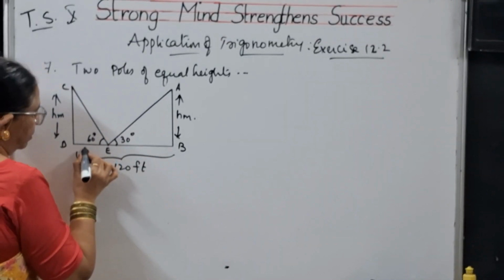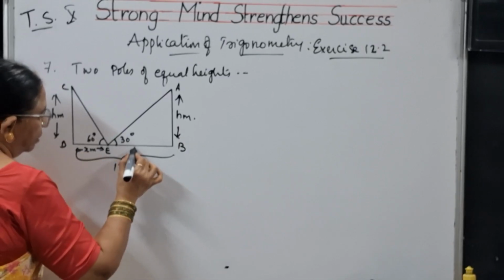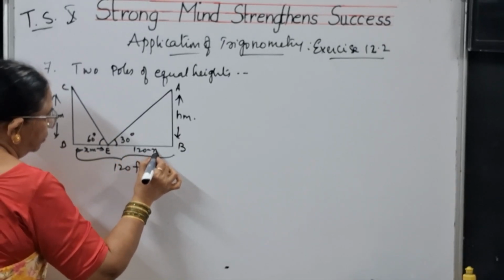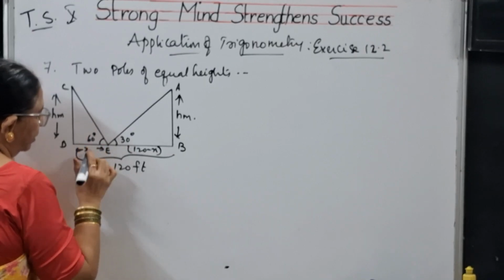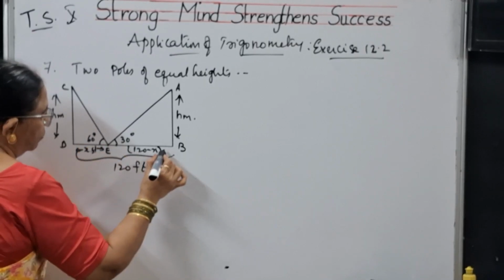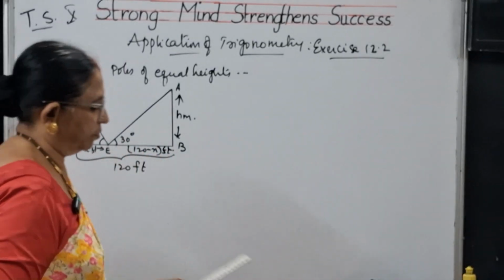If I consider this distance as x, then this is 120 minus x feet, not meters. X feet, and 120 minus x feet is EB.